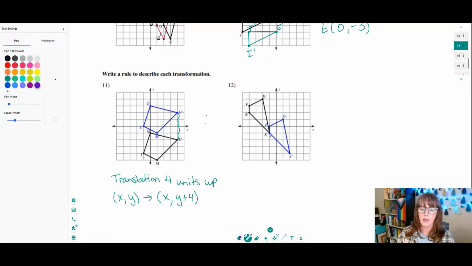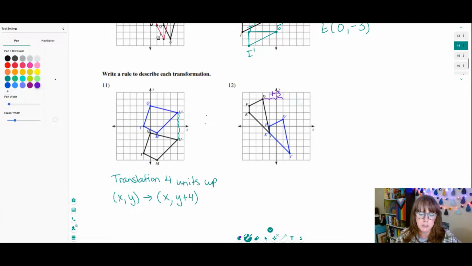All right, let's take a look at problem 12. And so again, it looks like this quadrilateral, this black one, is the pre-image, and the blue one is the image. So that's the new one. So I'm just going to pick a point that would be easy to track. I'm going to go with D and D prime here. So let's see. We moved 1, 2, 3 units to the right.